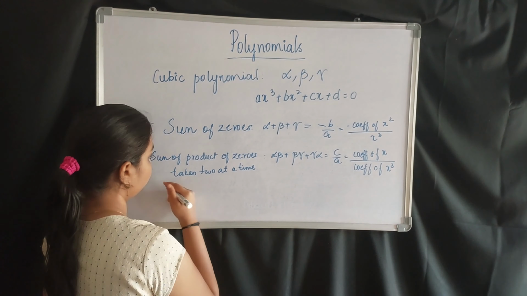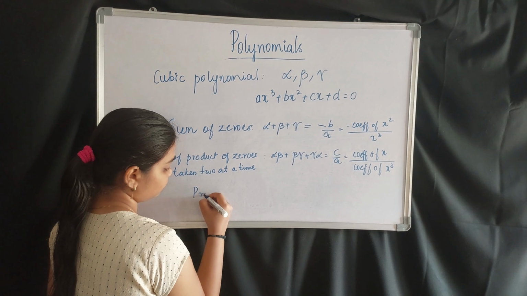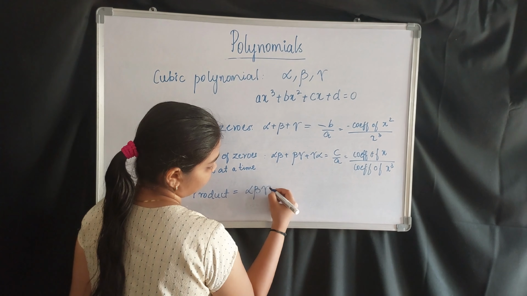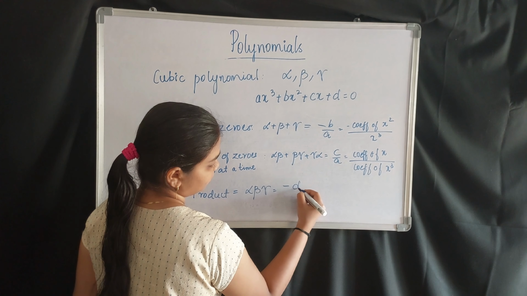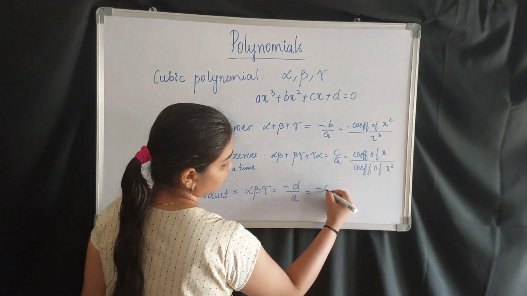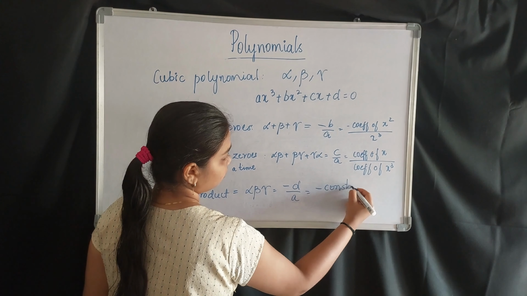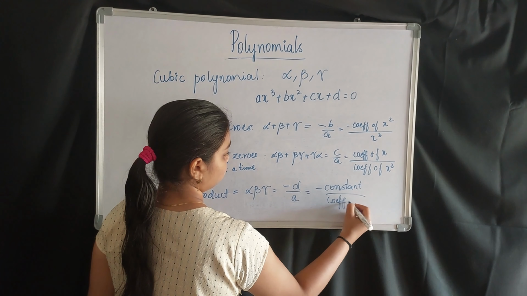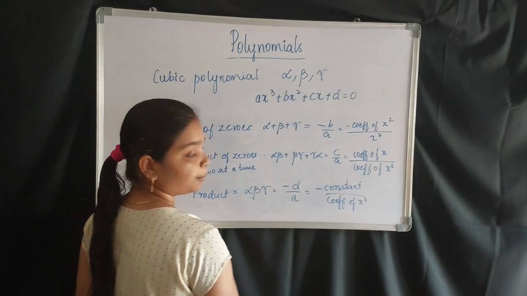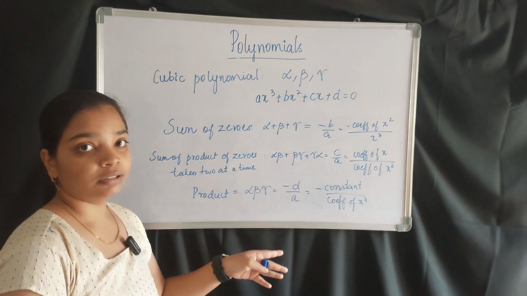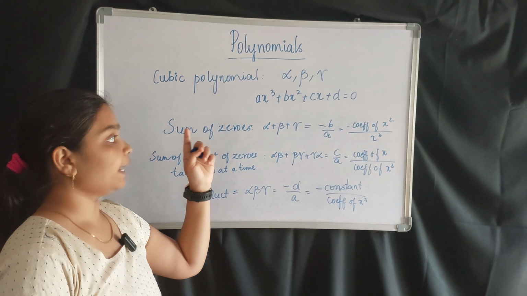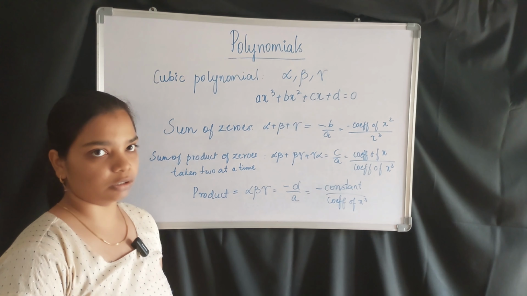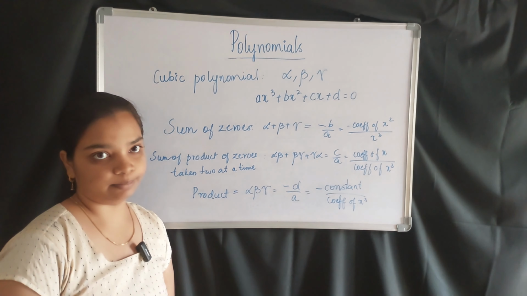Now, product of zeros: alpha into beta into gamma would be minus d by a, minus of constant term by coefficient of x cube. By using this formula, you can get back to your solutions, values of x for a cubic polynomial.